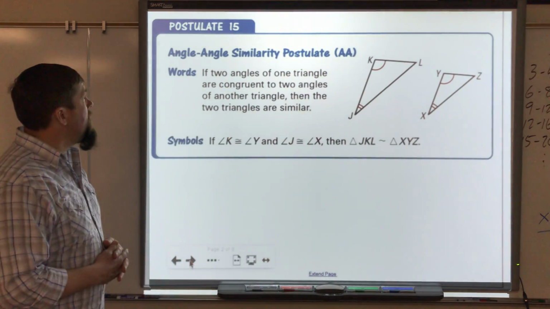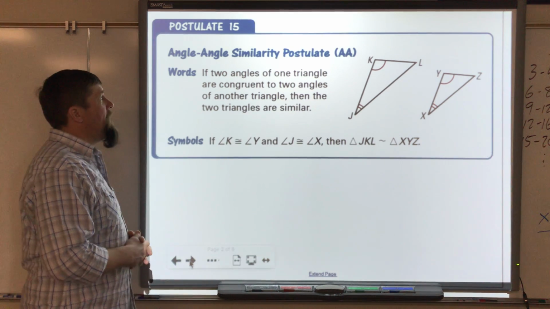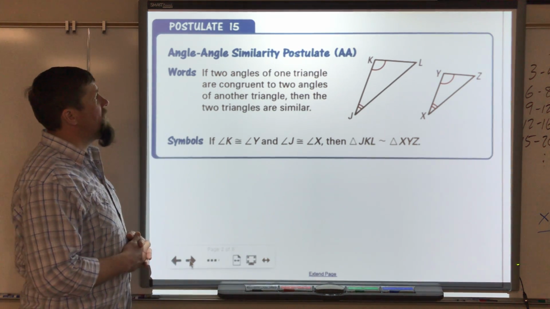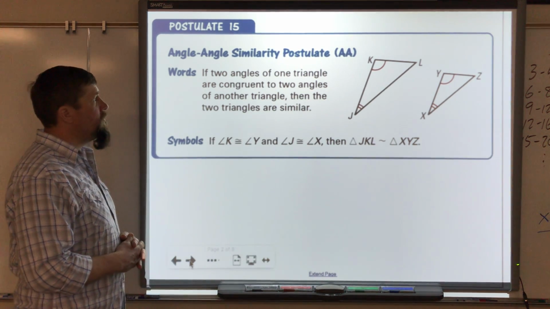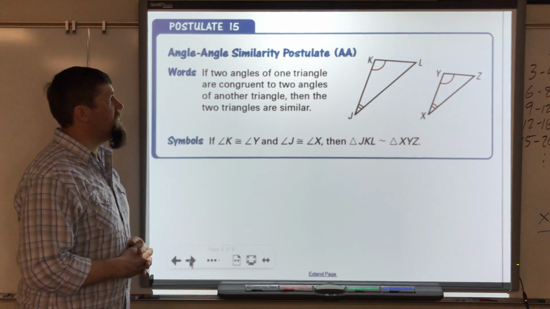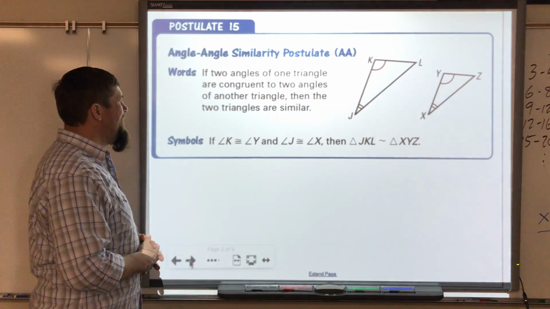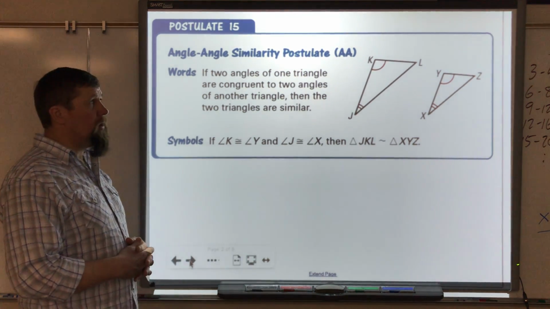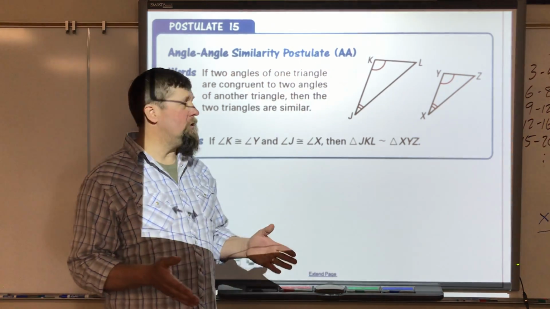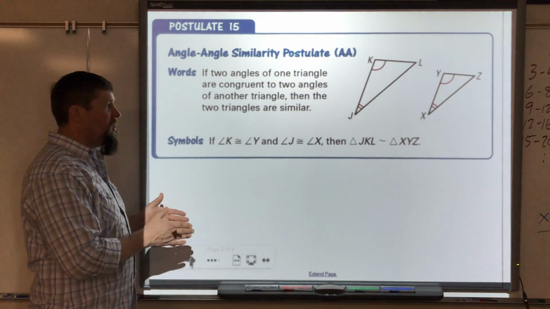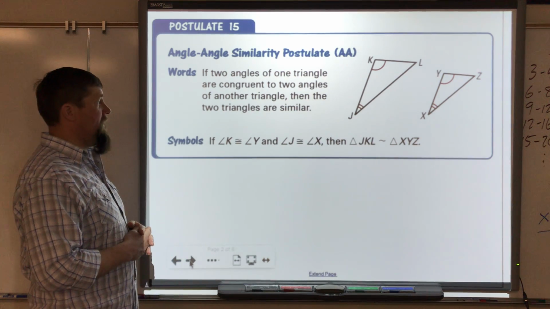Okay? So the angle-angle similarity postulate. If two angles of one triangle are congruent to two angles of another triangle, then the two triangles are similar. We don't know they're congruent triangles, but we do know that for sure they are similar triangles.